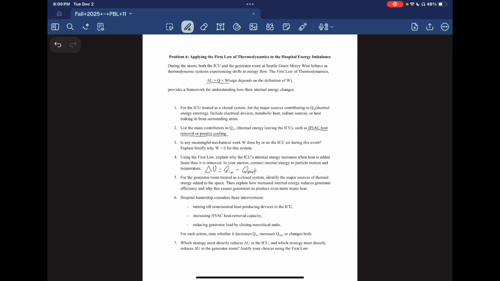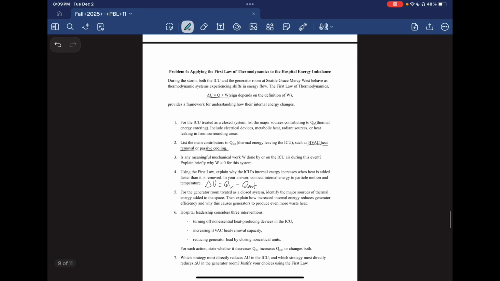Explaining how increased internal energy reduces generator efficiency. So, as the temperature in the generator room rises, this is going to affect the generators themselves. If it's just looking at the generator, we just have the temp of the generator and it's operating at a consistent thing. But as you add the temperature of the system, then our total temperature is greater.